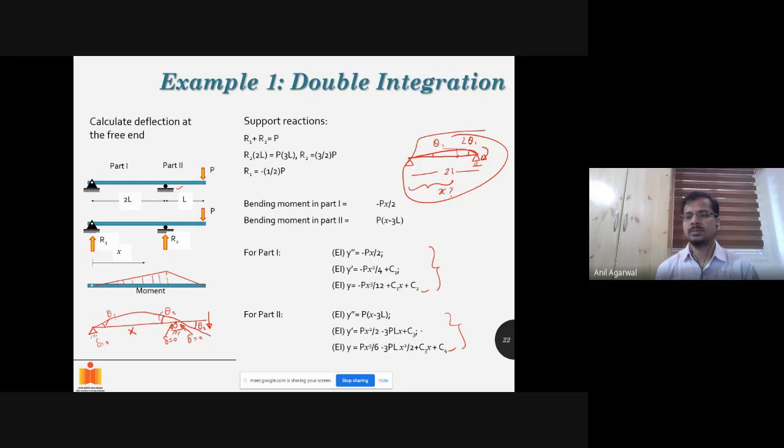That is basically the y prime value from here and the y prime value here. I can calculate y prime at x equal to 2L from here and from there. Both of them should give me the same θ2. So the other equation will be θ2 from the first part is equal to θ2 from the second part.